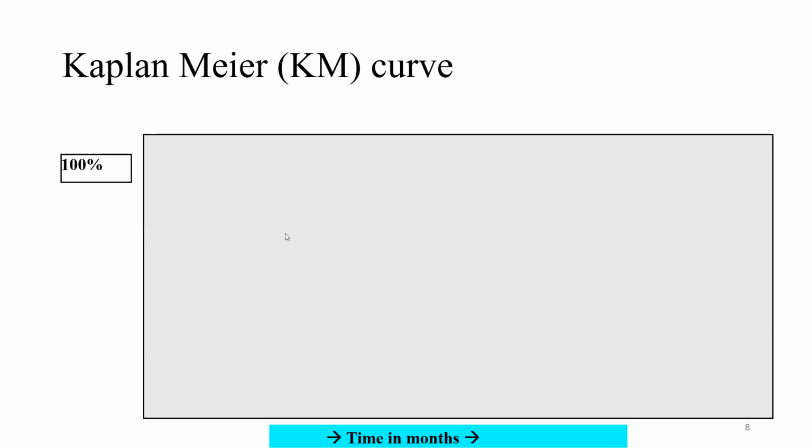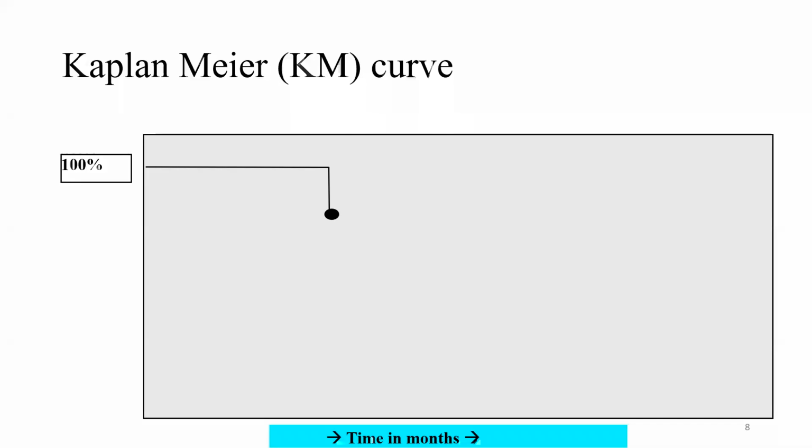because we are participating in the study, so everybody should be free of our event. The first person dies at 4 months. So till 4 months, everybody was alive, and the survivorship function was 100%. When the first person dies, the survivorship function drops, and it takes the value 4/5.